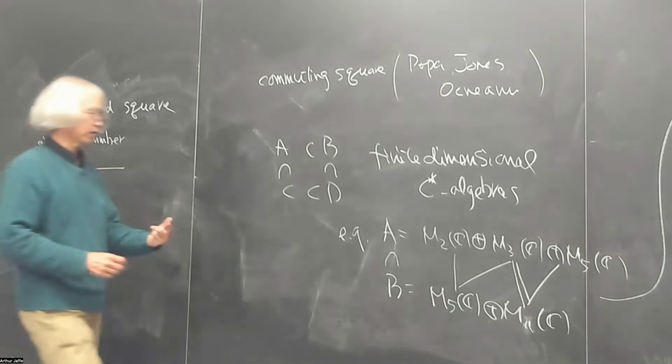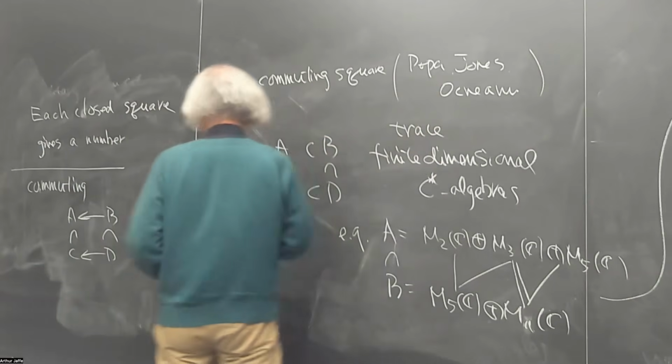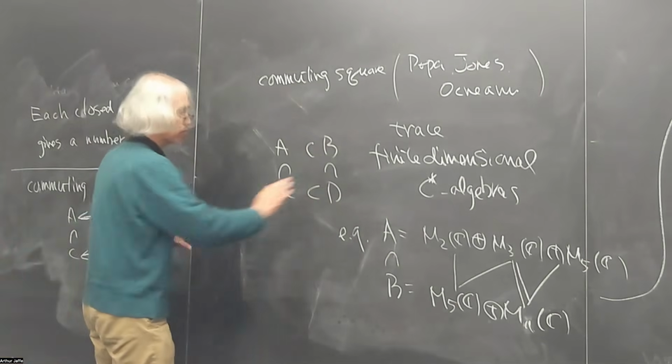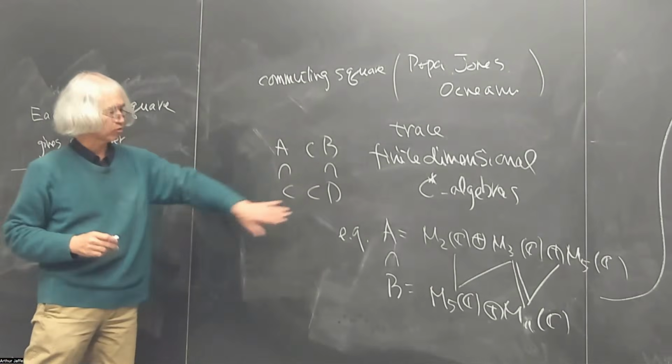Actually, for a factor here we need a trace. It's basically the linear algebra trace, but here we have multiple direct summands, so we have some weight for each direct summand. So it's just a weighted sum of the ordinary linear algebra trace.